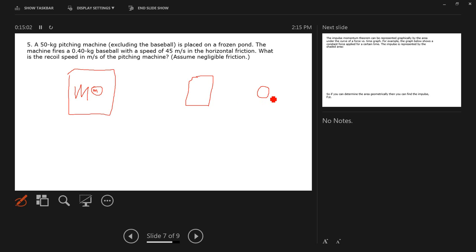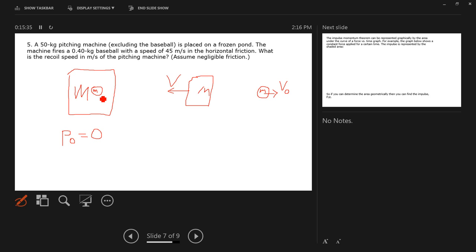So the machine shoots the ball out with a velocity v0, and the ball has a mass m. The machine is resting on a frictionless surface, so it will recoil with a velocity v and mass M. And so if we start from the standpoint that our original momentum of our combined objects is 0, because they're not moving, right?